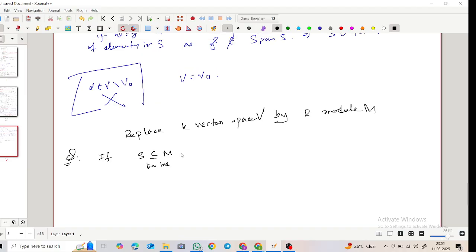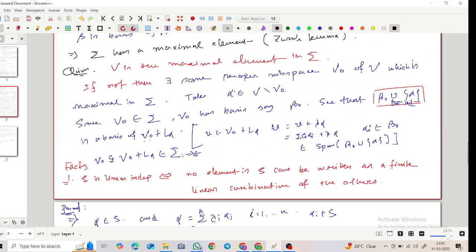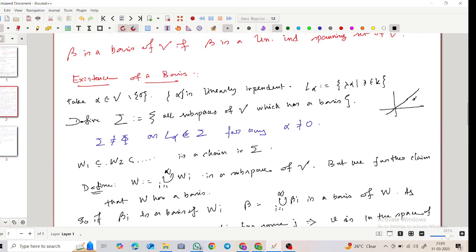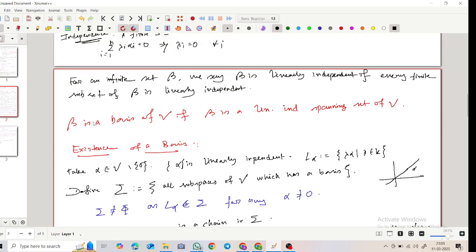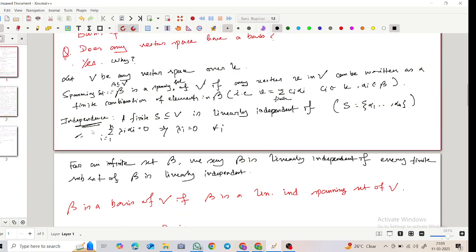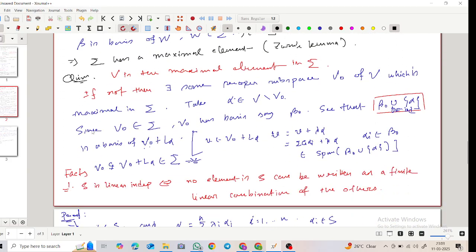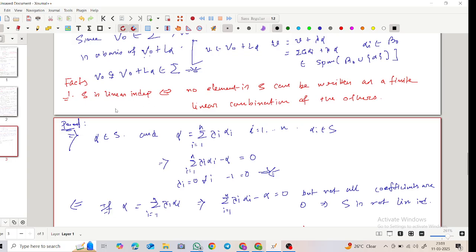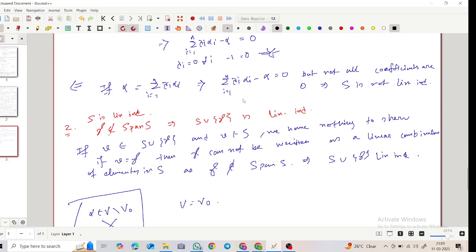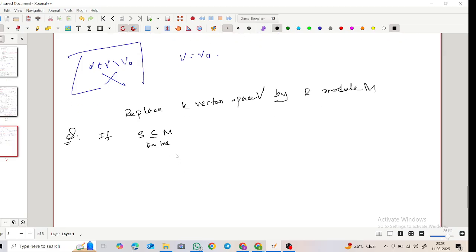We are taking the first definition for linearly independent. And fact 1 was: S is linearly independent if and only if elements in S cannot be written in terms of the others, right? Is fact 1 true? This is question number 1.